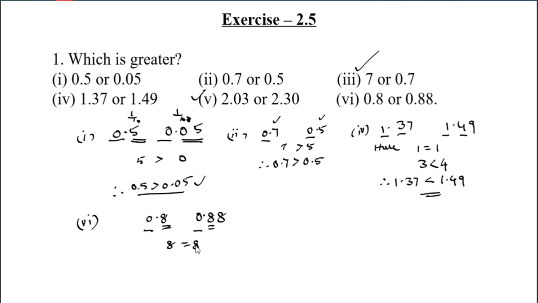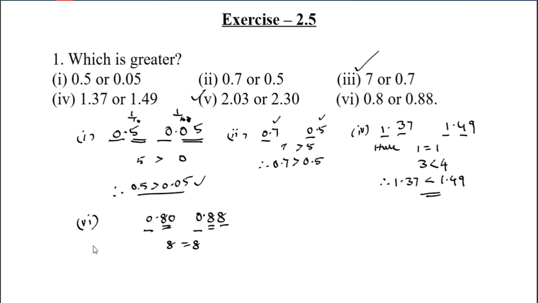Here 8 is equal to 8. We cannot say which one is greater. Now compare the digits in the hundredths place. Here the digit in the hundredths place is 8. And here, what is the digit in the hundredths place? Nothing is there. So you can put as many zeros as you want. Why? Because there is no value for this 0.